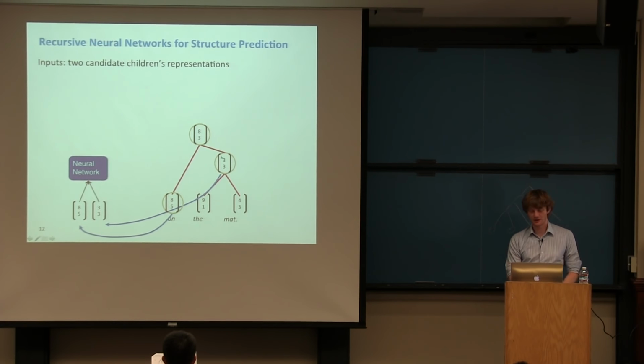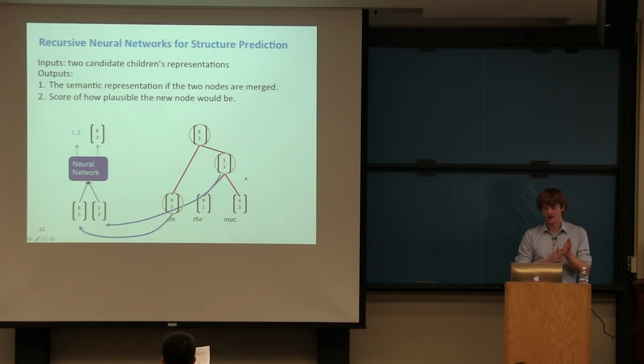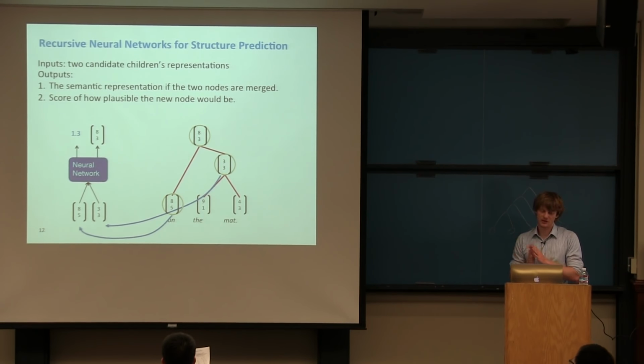Later on, they could be phrase vectors that were already computed before. And the output, in the first example where we look at how to compute the tree structure, will be two things. The first one is the semantic representation if we merge these two nodes. And the second one will be a score of how plausible the new node would be.